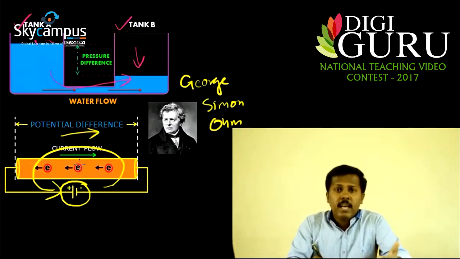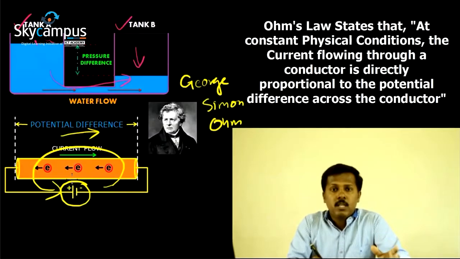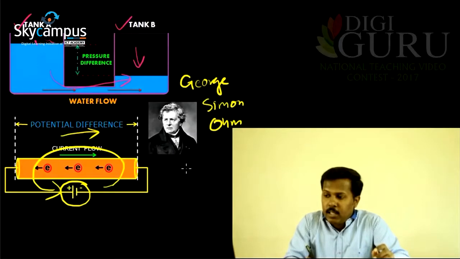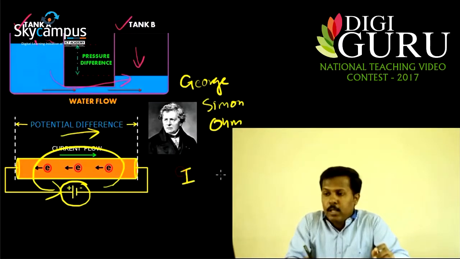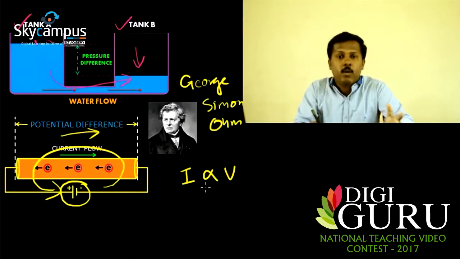That means if there is a potential difference across the two ends of a conductor, there will be a current flow through the conductor. So Ohm's law states that at constant physical conditions, the current flowing through a conductor is directly proportional to the potential difference across the conductor. So we can mathematically represent it like the current I flowing through the conductor is directly proportional to the potential difference across the conductor.